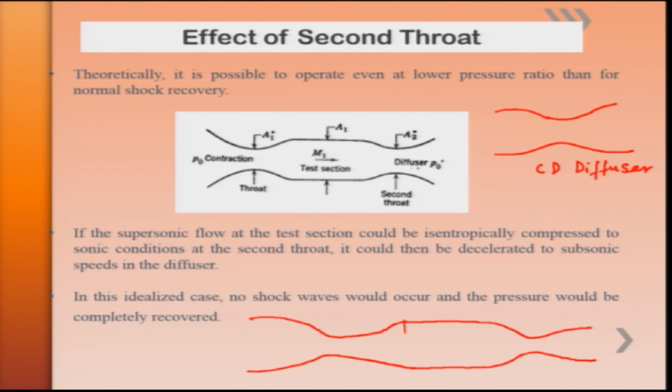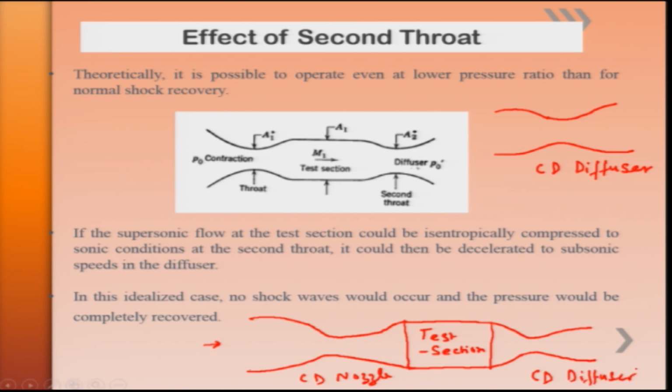This constant area passage I am terming the test section of this supersonic wind tunnel schematic. The flow entering here first encounters this CD nozzle, and downstream of this test section the flow encounters the CD diffuser.